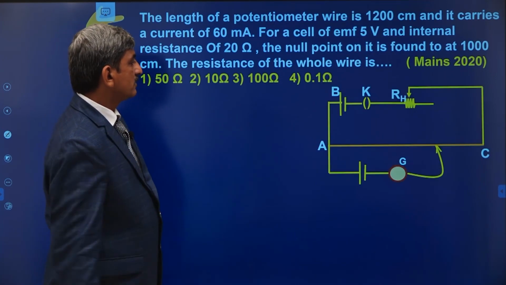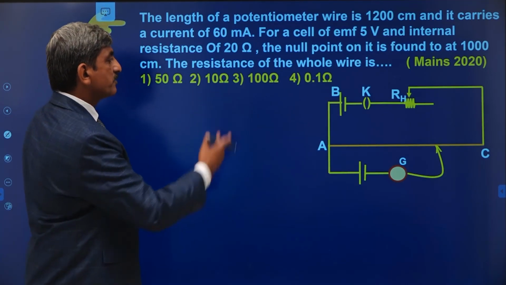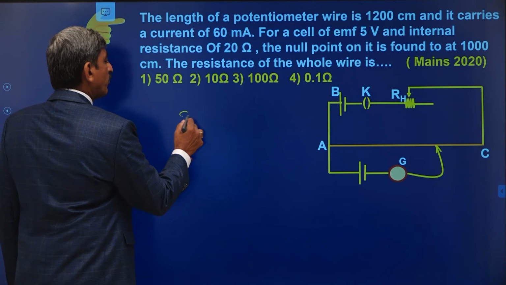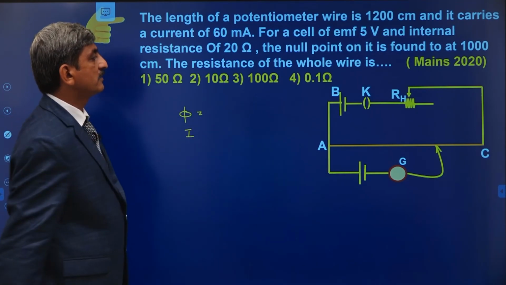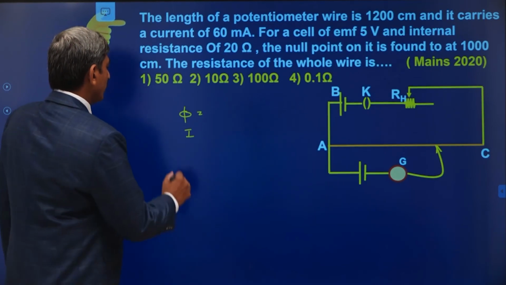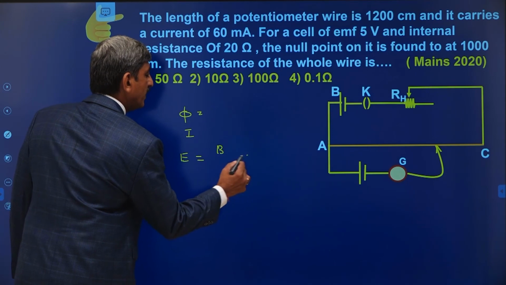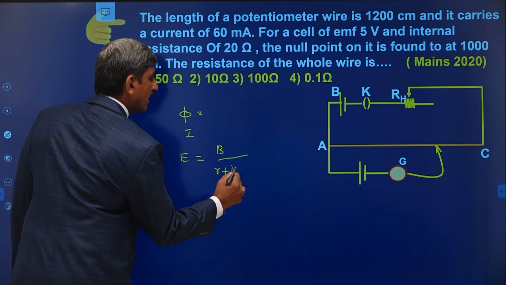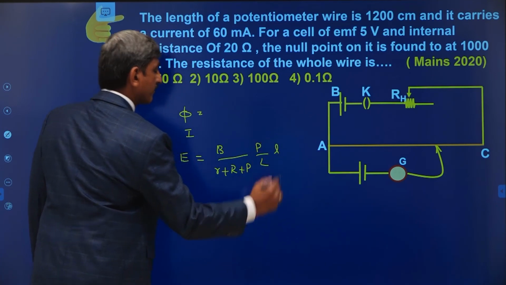For that also, we can use the same circuit, but in this problem, instead of giving the potential gradient value, the current passing through the circuit is given. So we know that the EMF of the secondary circuit E is equal to (E by R plus r) into (r by L) of l.